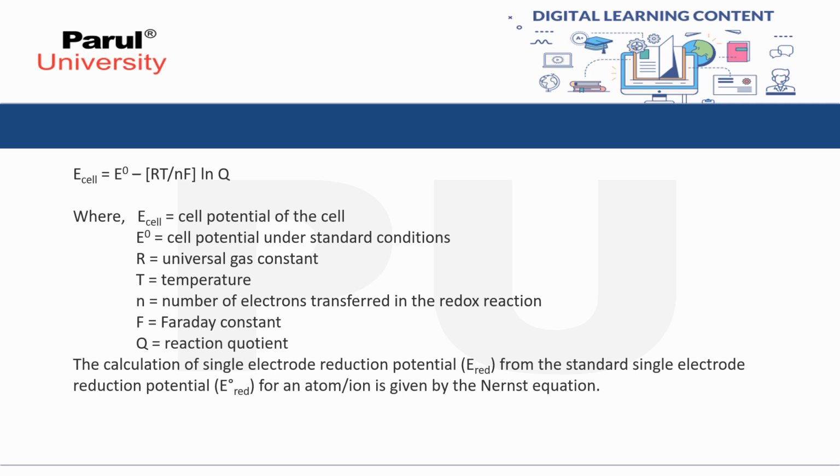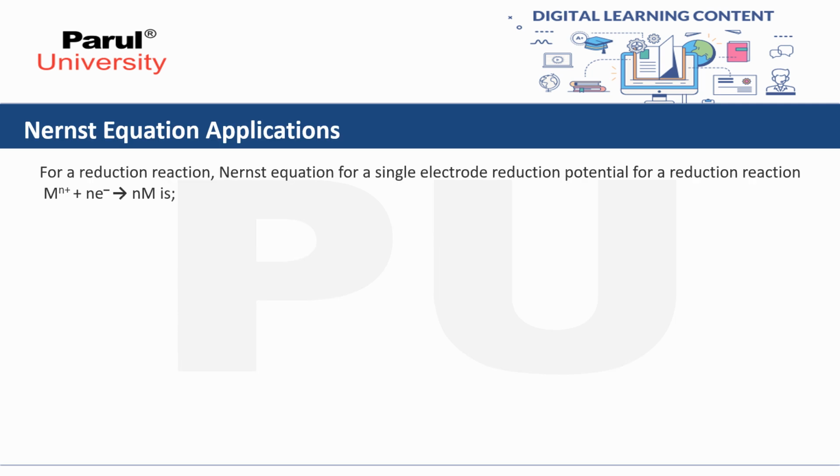So the calculation of single electrode reduction potential from standard single electrode reduction potential for an atom or ion is given by the Nernst equation. This Nernst equation is applicable to a reduction reaction, that is, the Nernst equation for a single electrode.